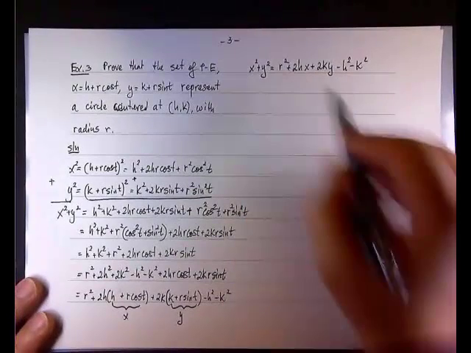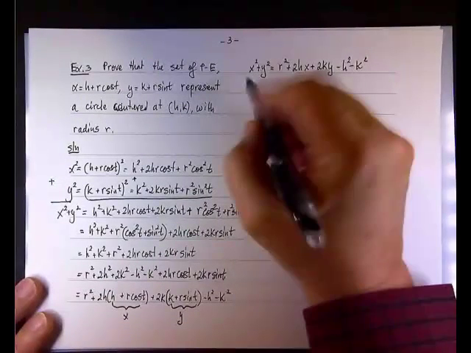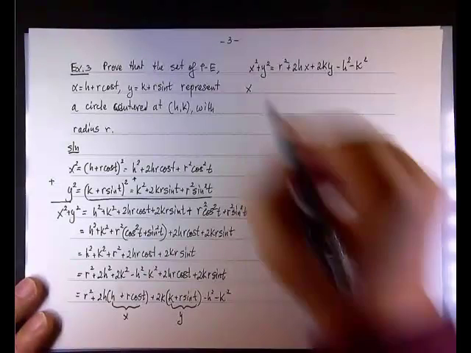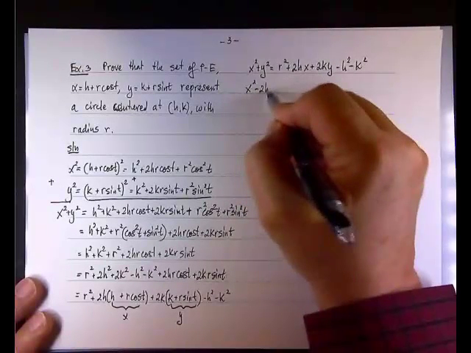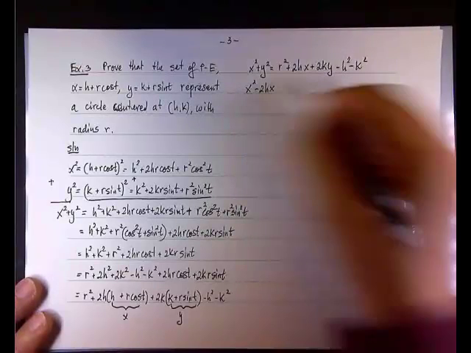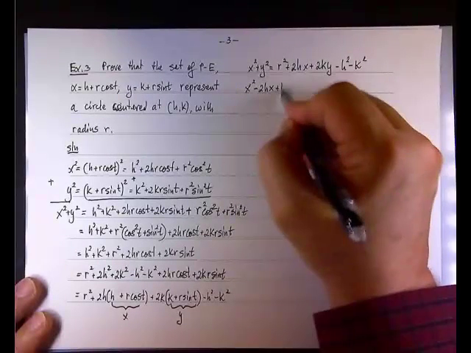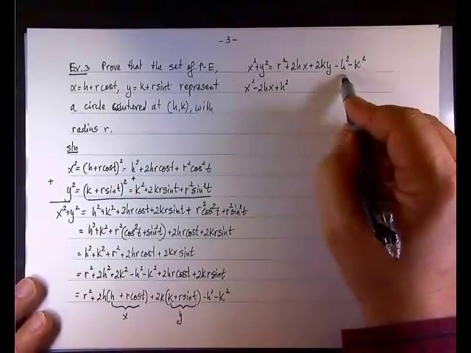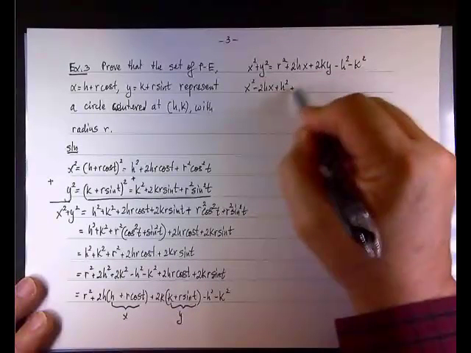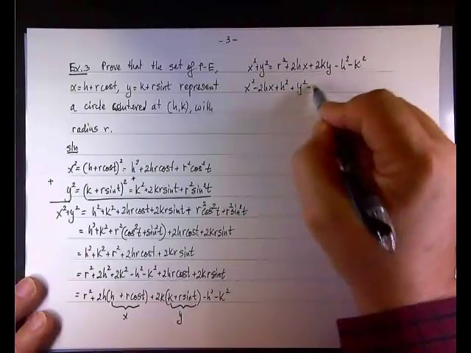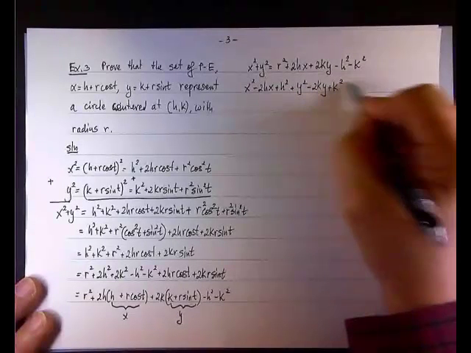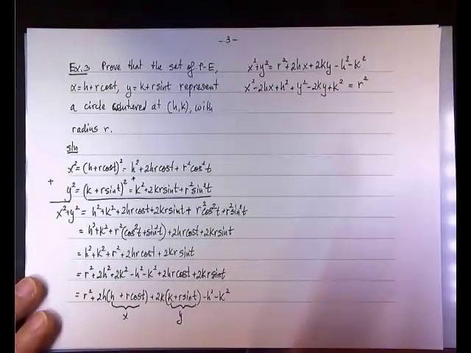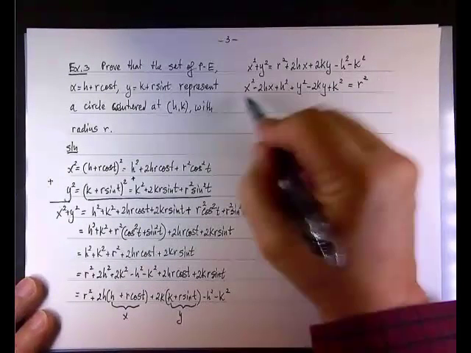So, I'm moving everything but r squared to the left side, and I have x squared, and next to it I'll have minus 2hx, and then I have plus h squared. Okay? From here. And then I have the y squared minus 2ky plus k squared. And all of it equal r squared.